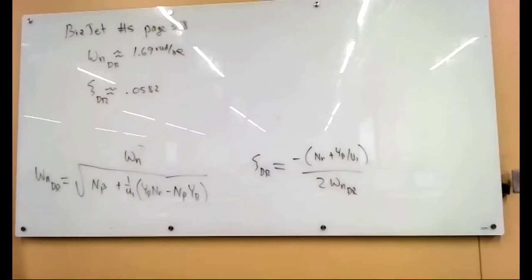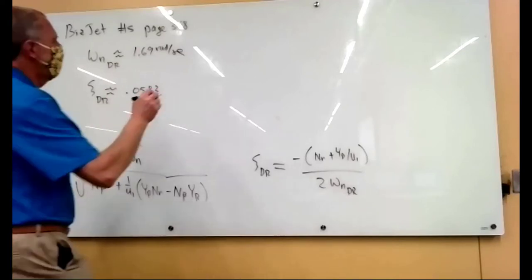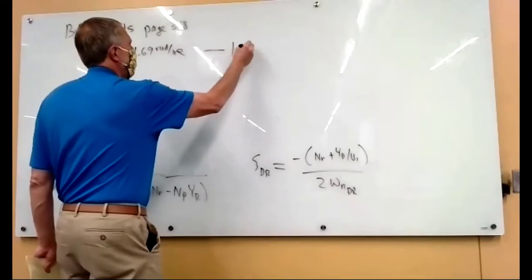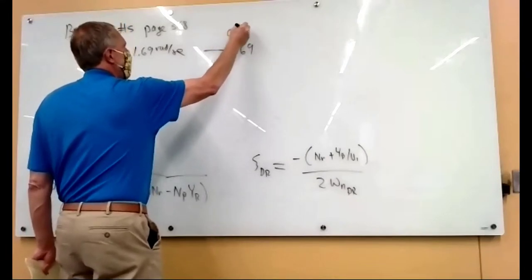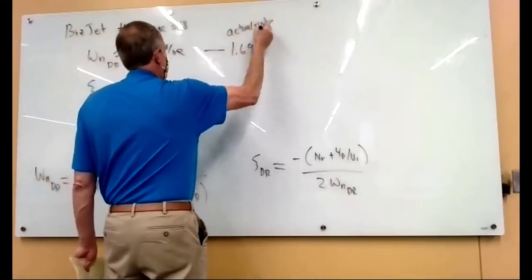So how do these compare? What did I write for this from the full set of roots? Somebody wrote it down, I hope. The what? It's the same, right? So it compares well. What was this one?